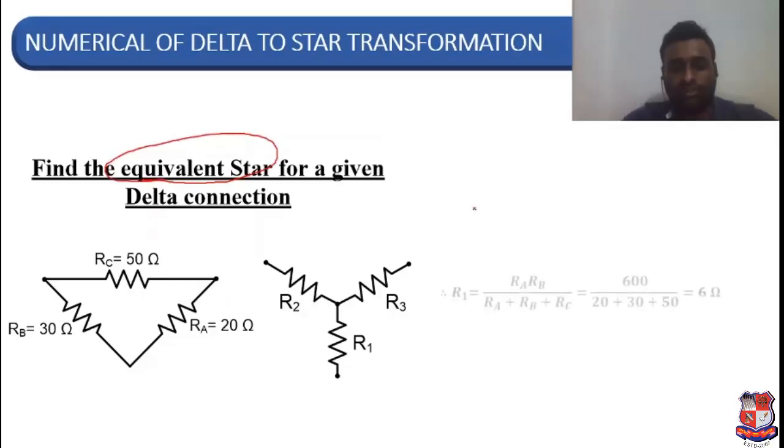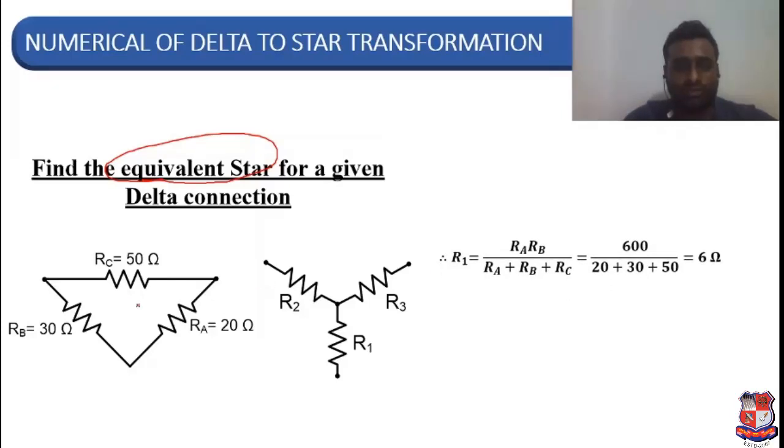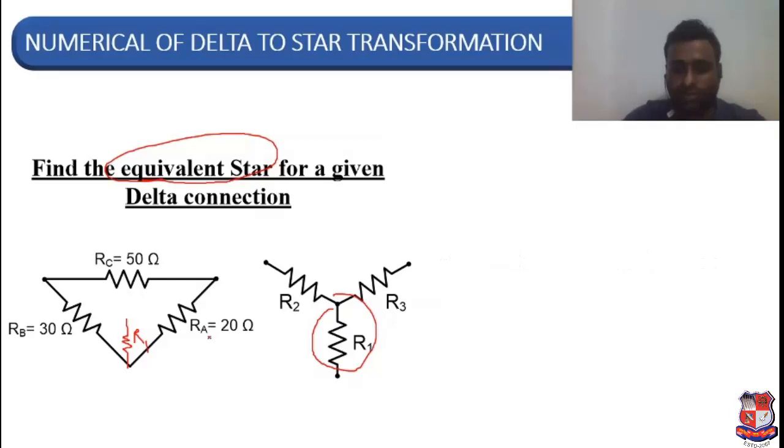So let us see. We now know the formula of R1. This is resistance R1, so what are the neighboring resistances? It is Ra and Rb.